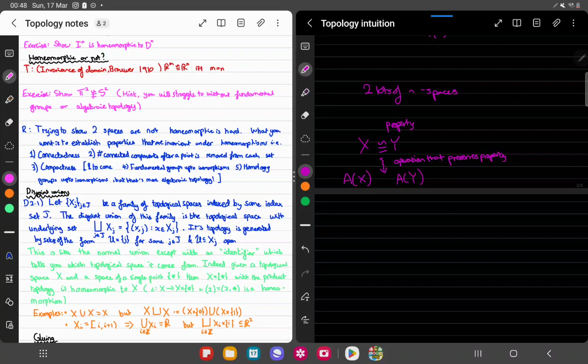Yeah, what you'd expect is for a property to be preserved. Maybe the best example I've got is connectedness.